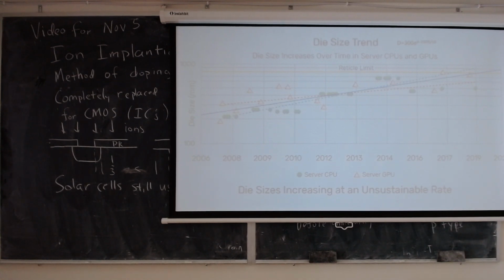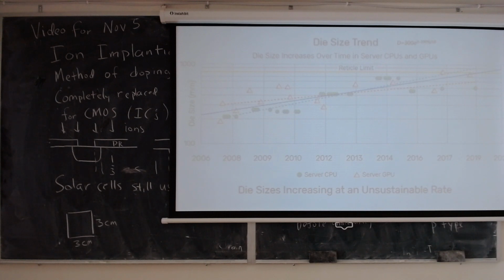All right. So basically, a chip size of 3 centimeters on a side. That's apparently where we are right now, which, if you know how big a centimeter is, is a pretty big chip.